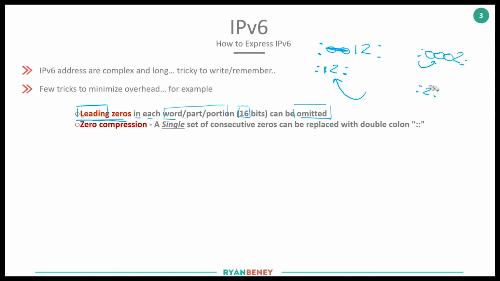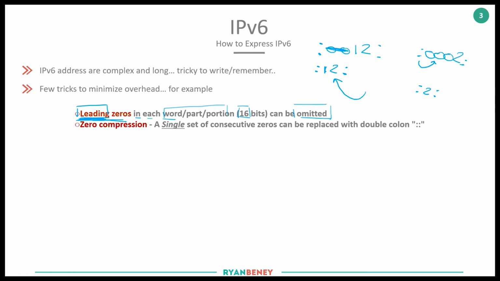Now it's important to remember that only leading zeros can be removed, because if we start removing zeros all over the place, the application, protocols and so forth won't be able to identify where those zeros should have been. So only leading zeros can be omitted. So that's rule number 1.